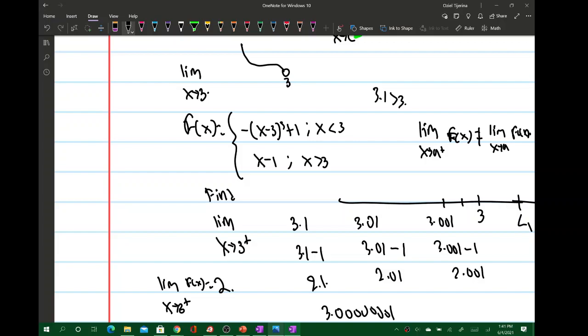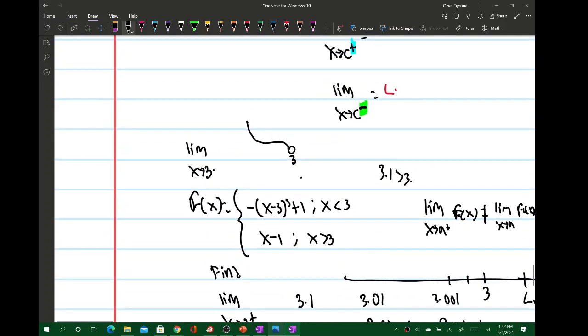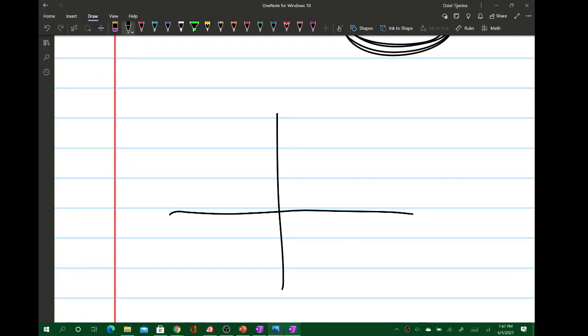But for x greater than 3, it gives me something like this. So you ask yourself, what is the limit as x approaches 3? Obviously it can't be this one, because this is from the right. Obviously it can't be this one, because this is from the left. So if I redraw this, let's pretend we have something like this.